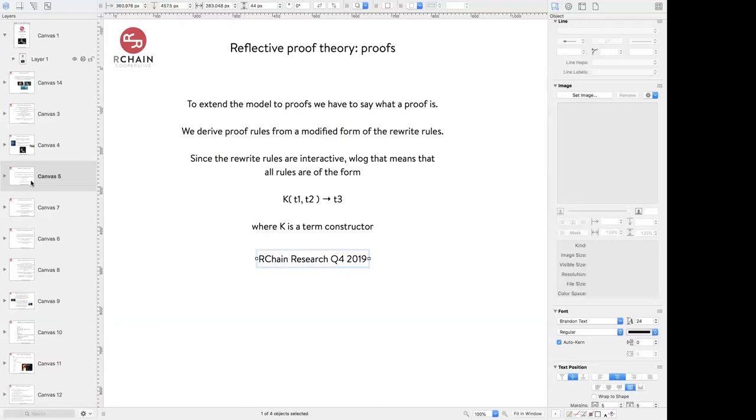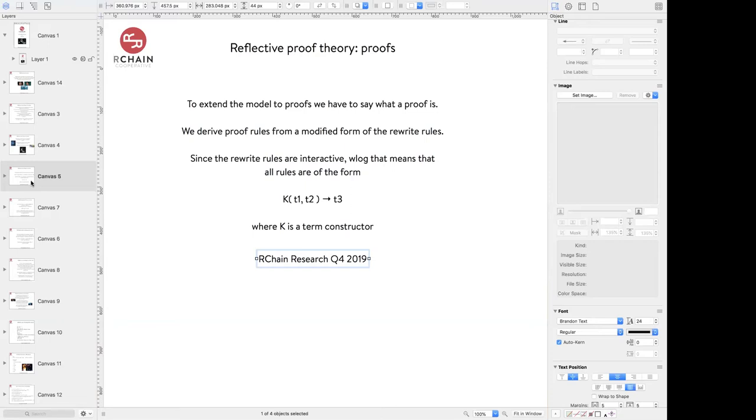When we apply a lambda term to another lambda term, if T1 is of the form of an abstraction, then beta reduction will rewrite by substituting T2 for the bound variable in the abstraction. And that's how that conforms to this shape.